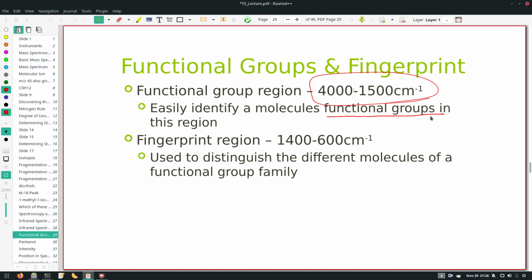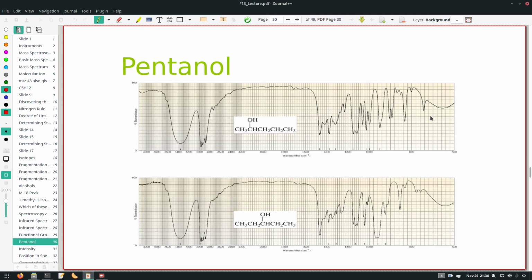What do I mean by that? Let's look at pentanol. The reason I just said pentanol like that is because there is 2-pentanol and there is 3-pentanol. But I want you to look at these main peaks. I have this OH peak here, I have this OH peak here. These are just carbons and hydrogens on this lower end here, and they both look almost identical.